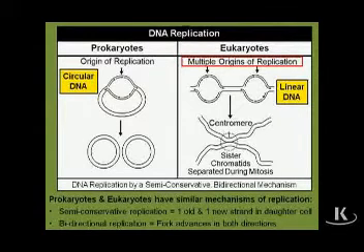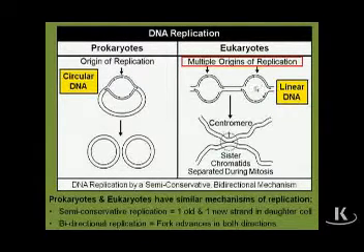Another key difference is the replication. In prokaryotes, there's a single origin of replication, of course, going bidirectionally, where the replication fork opens, whereas in eukaryotes, there are multiple origins of replication.